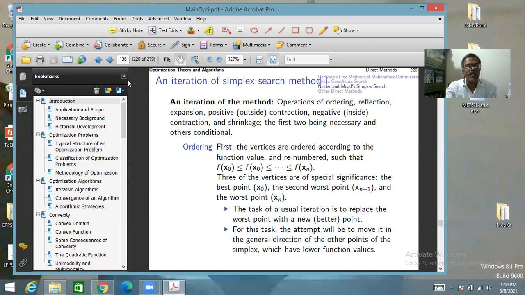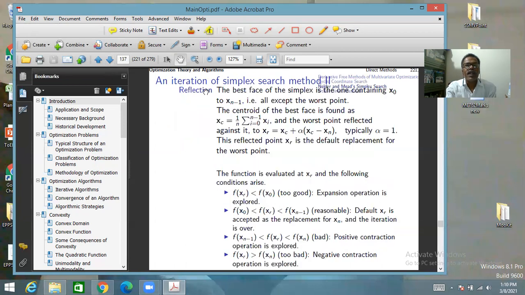So, lower function value. For that, if you leave out the worst point, then the rest of the points together will form a face, and that is the best face. There are so many faces, and out of that, that will be the best face in which the top n of the n plus 1 vertices are lying.